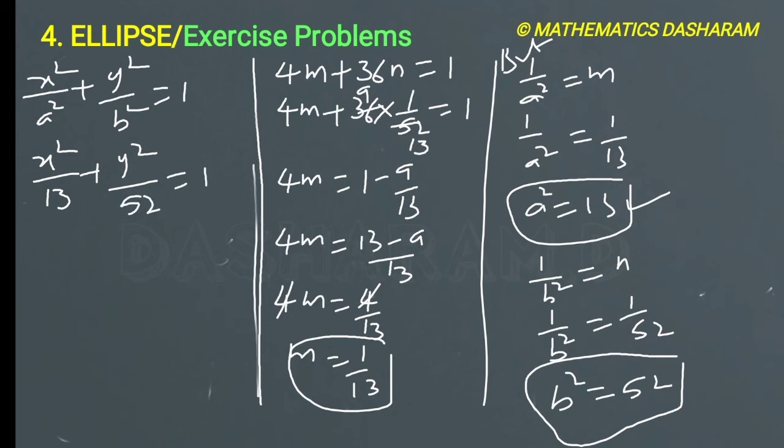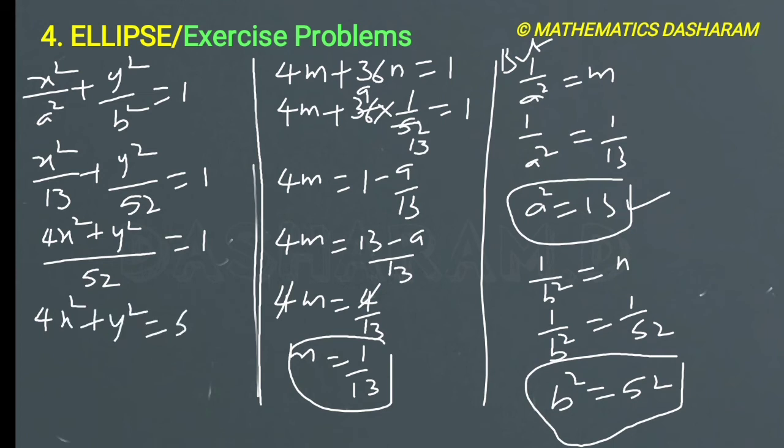So the LCM of 13, 52 is 52. 52 in the 13 table is 4, so 4x square plus y square equals 52 is our required equation of the ellipse.